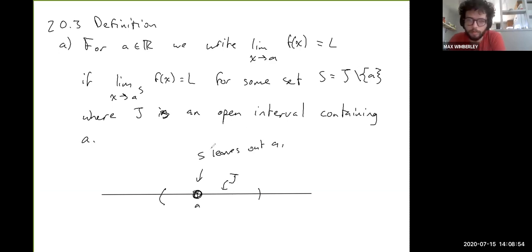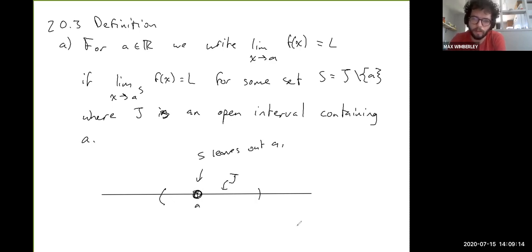That's important, by the way. We really want to make the definition so that the set S itself does not include the point a, because that way you can talk about the two-sided limit of a function which might exist even if the value of the function at a is some random number that is not equal to the two-sided limit.